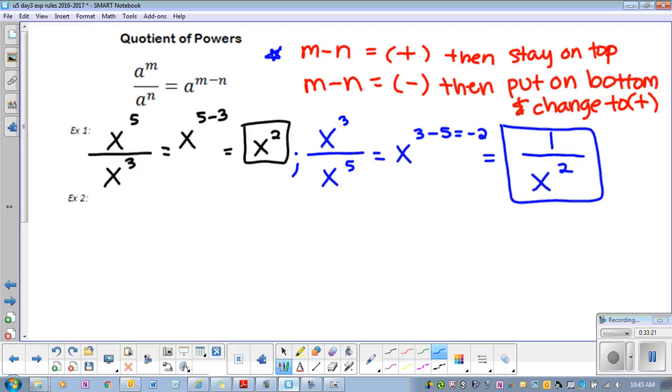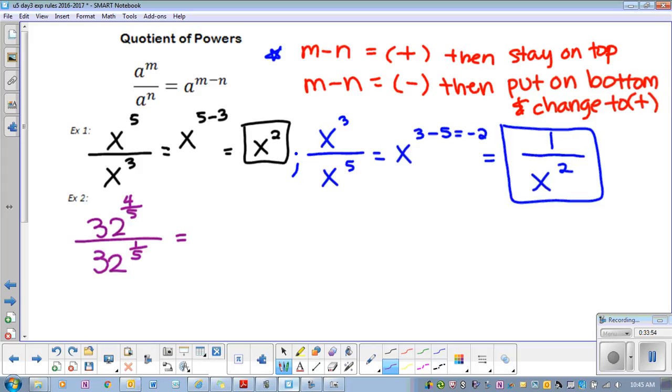So what if you had something like this though? What if you had 32 to the 4/5 power divided by 32 to the 1/5 power? What is that? Yeah, subtract. What is 4/5 minus 1/5? 3/5.